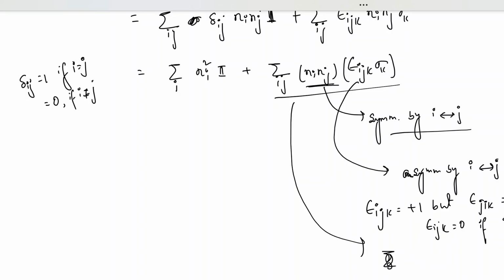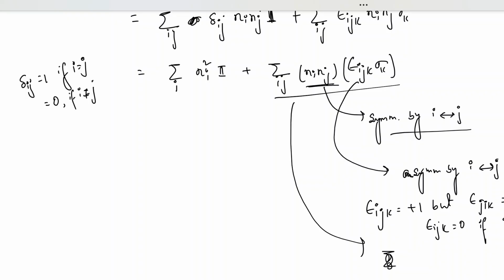Then what will be the summation? This is the summation over i and j being 1 and 2, n1 into epsilon, sorry, you have to set k equal to 3, because other than that this will give you 0. So this is epsilon 1 2 3 sigma 3.